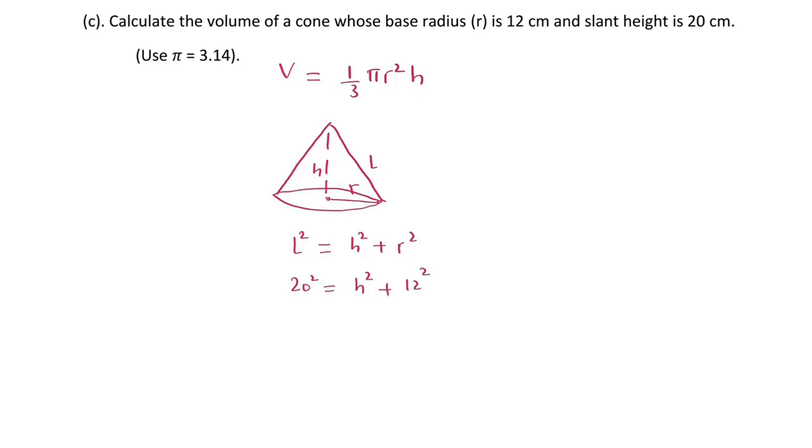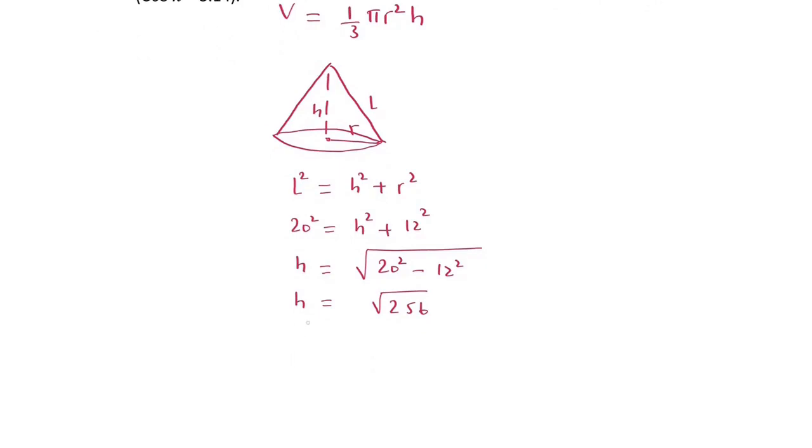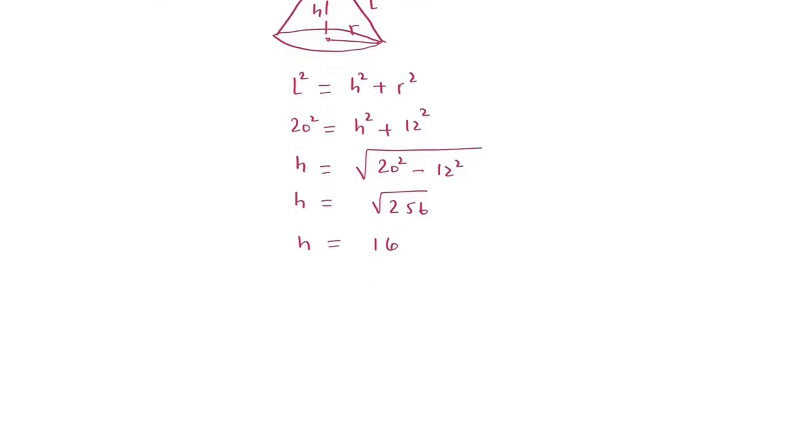Now making h the subject, our equation is going to be h equals the square root of 20 squared minus 12 squared. Solving this, we are going to have h equals the square root of 256. Finding the root for this one, we have h equals 16. Okay, so now let us apply the values we have to find the volume of the cone.